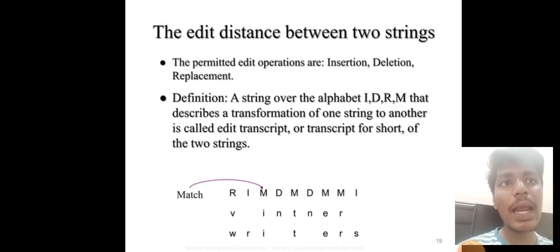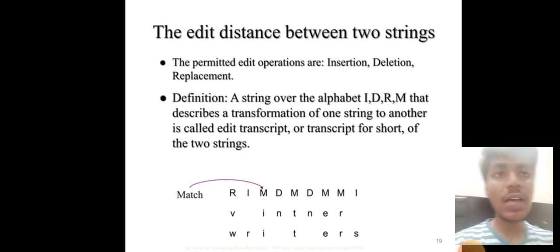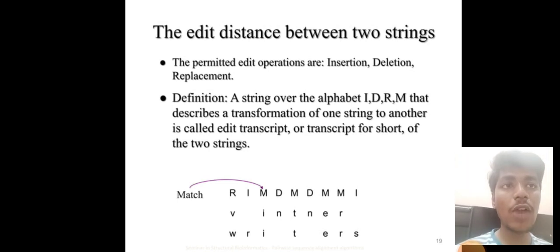The permitted edit operations are what we discussed earlier: insertion, deletion, replacement. Definition: a string over the alphabet I, D, R, M that describes a transformation of one string to another is called an edit transcript, or a transcript for short, of the two strings.